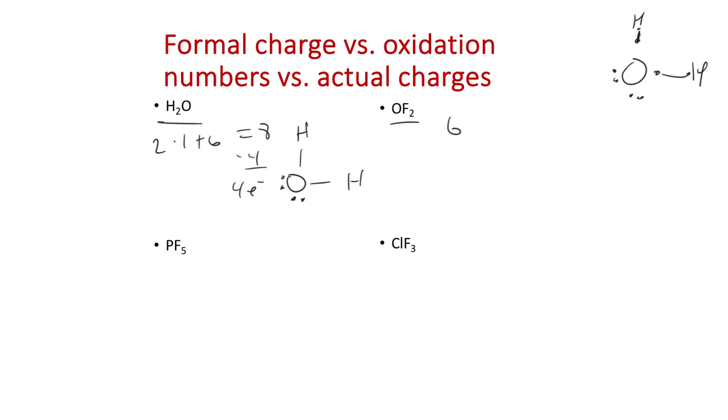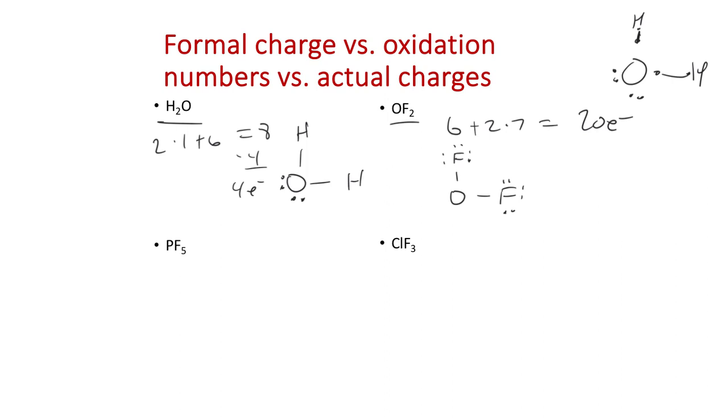OF2: oxygen has 6 valence electrons, just using the periodic table, and 2 times 7 for the fluorines. That gives us a total of 20 electrons, so central oxygen, fluorines attached. Complete the octets of the non-central atoms, meaning put electron pairs around the non-central atoms first.